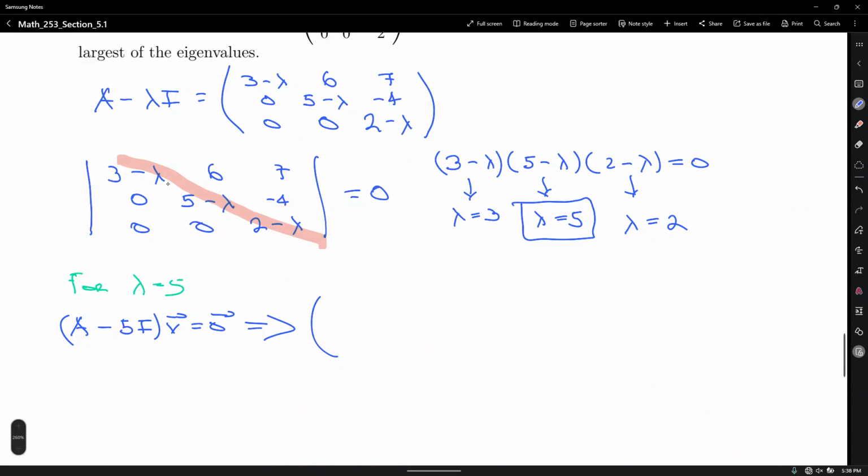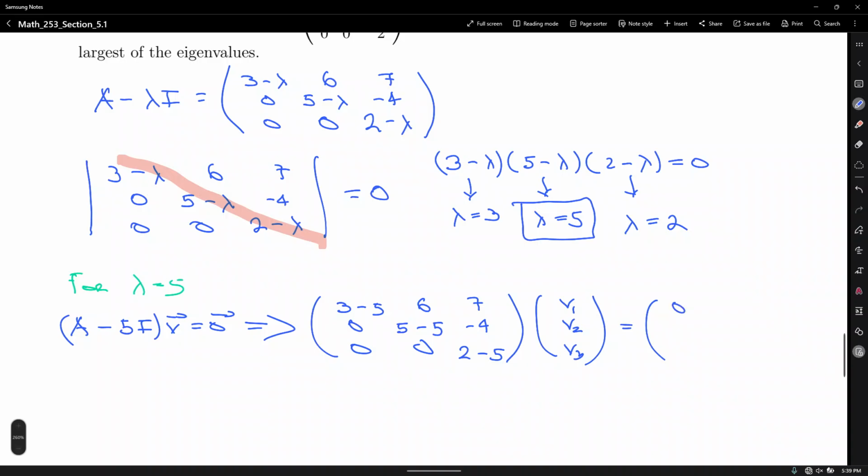Only subtract along the main diagonal. So 3 minus 5, then 5 minus 5, and the next, 2 minus 5. So the matrix has rows negative 2, 0, 0, then 0, 0, 6, and then 0, 0, 7, negative 4... times v1, v2, v3 equals the 0 vector.